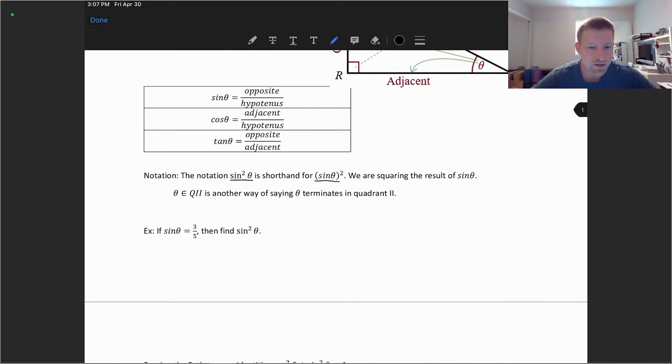So if we consider an example for this, the sine of theta is equal to 3 over 5. We can find the sine squared theta here by just squaring the result of sine. So this would give us 9 over 25.